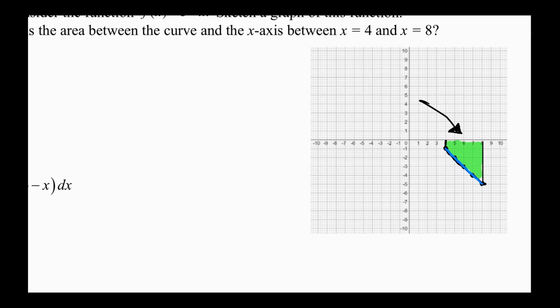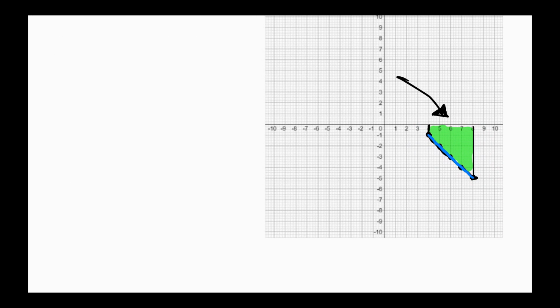Okay? So let's see, trapezoid. Let's see, the base 1 is 1. Base 2 is 5. The height is going to be here, and that's 4. All right, that's the width of the bounds.